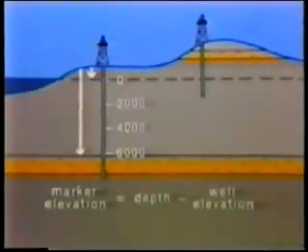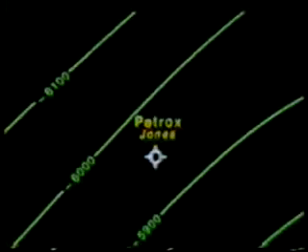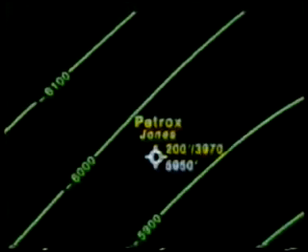Usually, marker elevations will be negative numbers, that is, below sea level, except for a few petroleum provinces at high altitudes. On the structure contour map, the elevation of the datum is usually shown next to the well, along with information on any faults which intersect the well. A fault with 200 feet of throw at 3,970 feet subsea cuts this well.